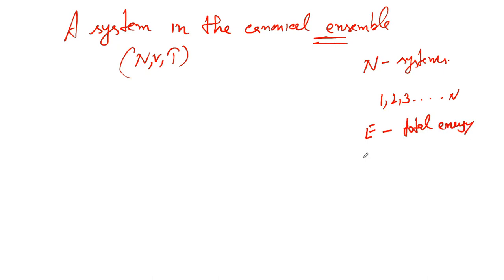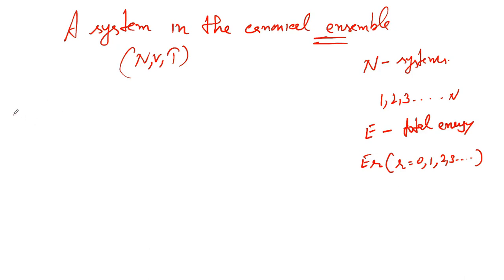And let us suppose that E_r are the energy eigenvalues of this system, n_r at a particular time t, where r is 0, 1, 2, 3, and so on, that is, the number of systems having the same energy value at a particular instant of time.